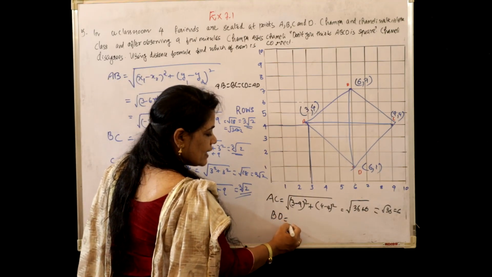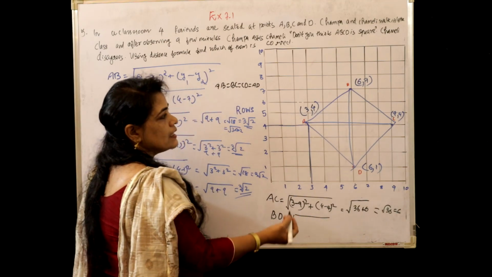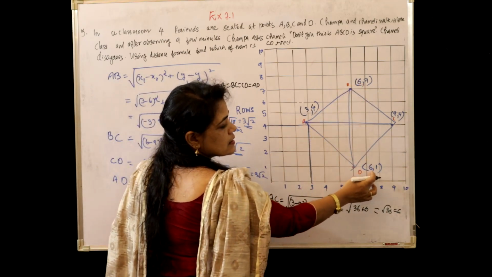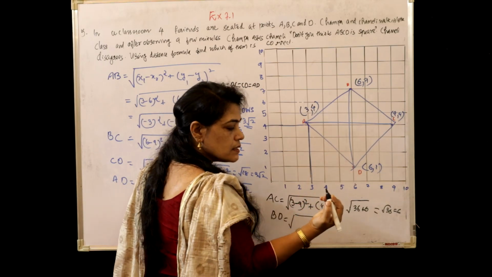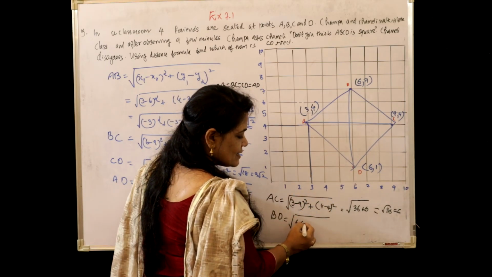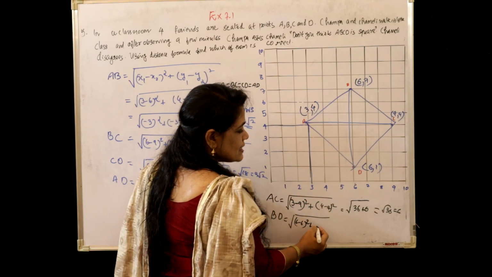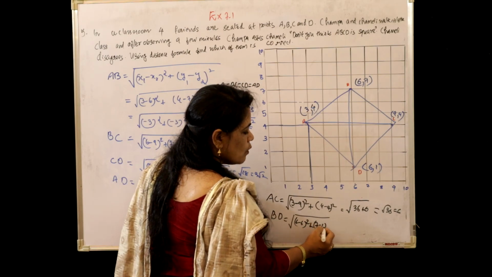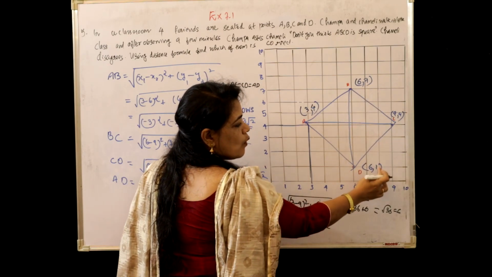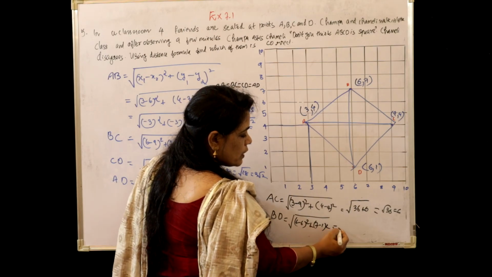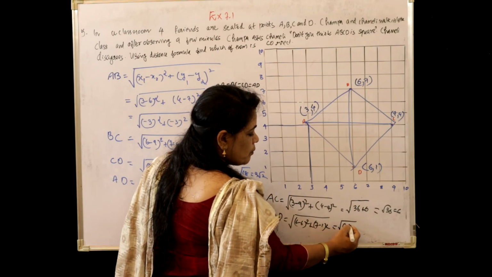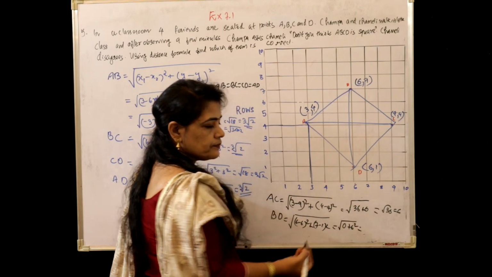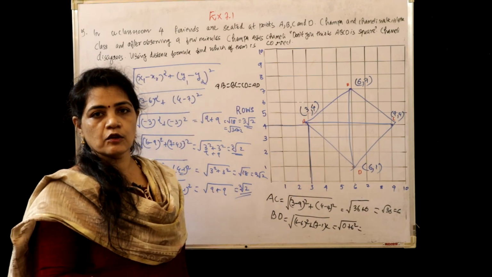The second diagonal, using the distance formula, here x1, y1 is B and this is x2, y2. So 6 minus 6 whole square plus 7 minus 1 whole square, y1 is 7, y2 is 1. So here again 0 plus 6 square, 0 plus 36.